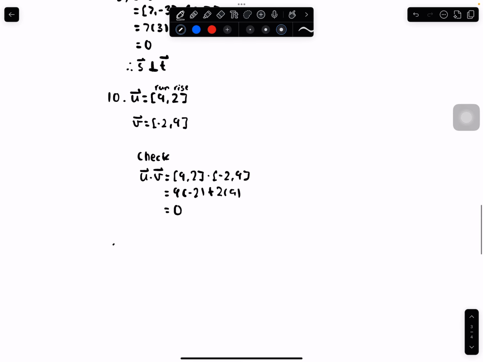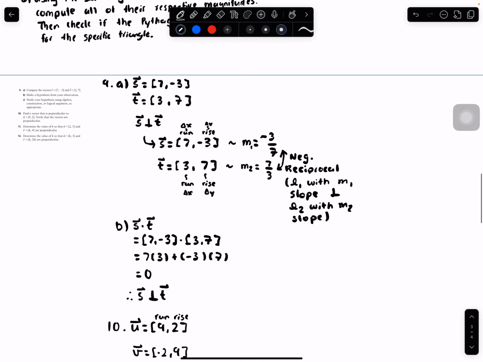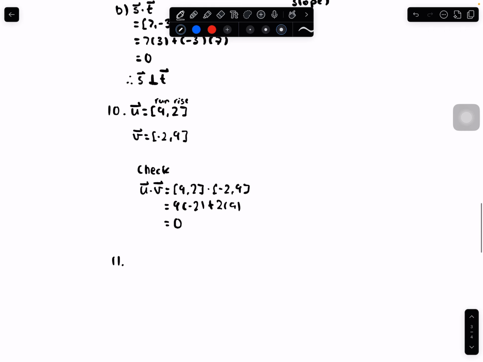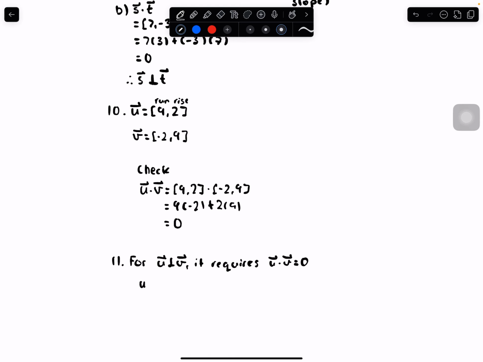The next two are quite simple. Determine the value of k so that u and v are perpendicular. So for u to be perpendicular to v, it requires u dot v to equal 0. Okay, so then this condition now leads us forward.